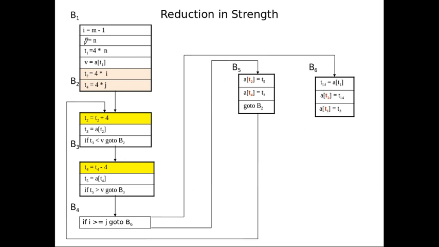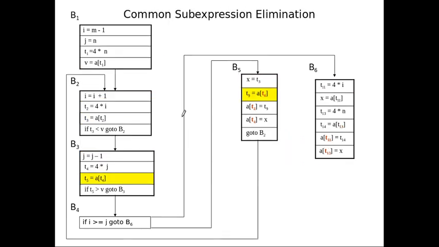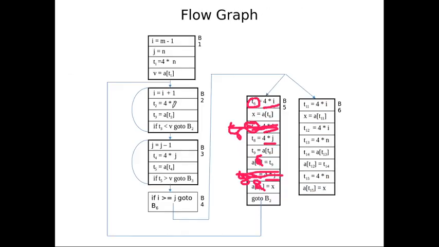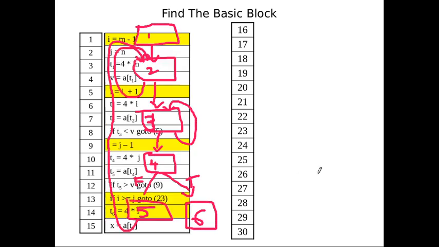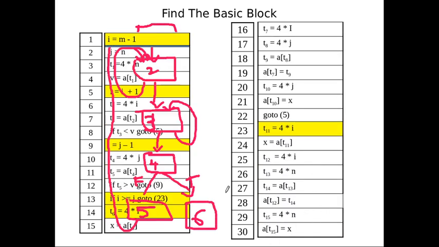Now observe, after applying the principal sources of optimization, function preserving or peephole optimization, how many temporary variables we finally get. So observe it: 1, 2, 3, 4, 5, 6, only 6 temporary variables. Previously, how many temporary variables did we get? 15 temporary variables.